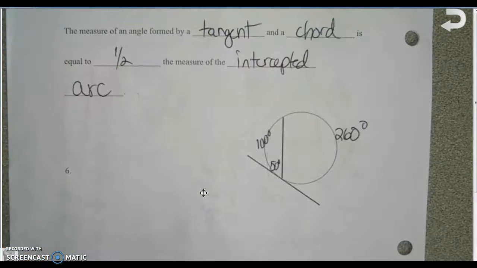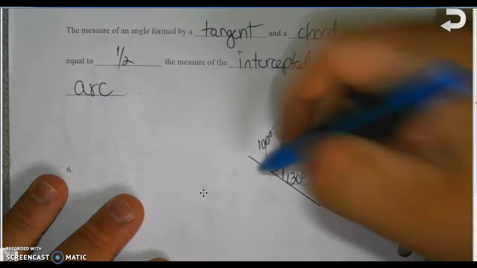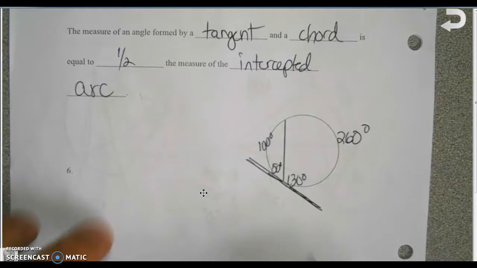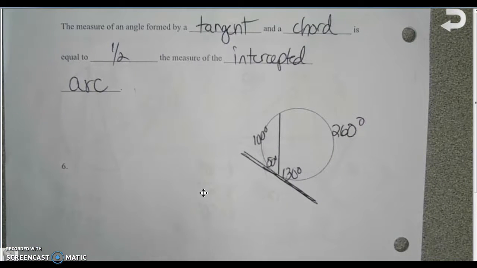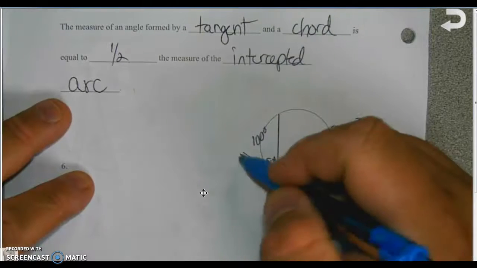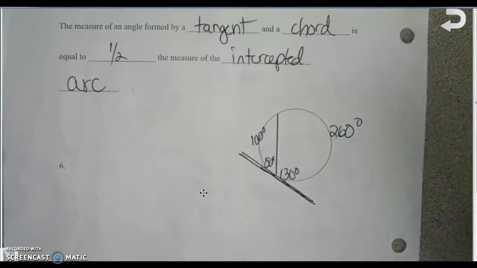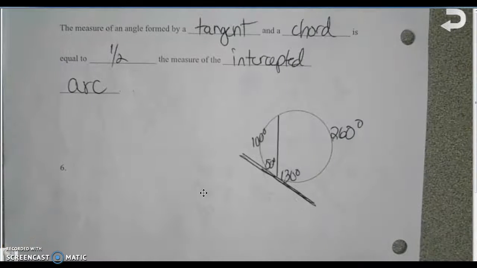Not only do you know how to split 260 down to 130, but now, hopefully you see that we have a supplementary pair, a linear pair, and that's where this information came from. If a linear pair is split by a circle tangent, then the 2 angles together are supplementary. The 2 arcs together will equal 360.